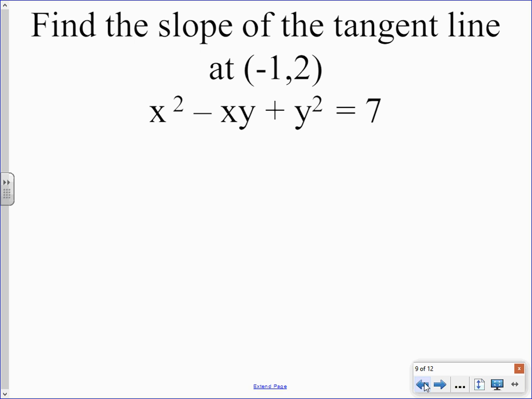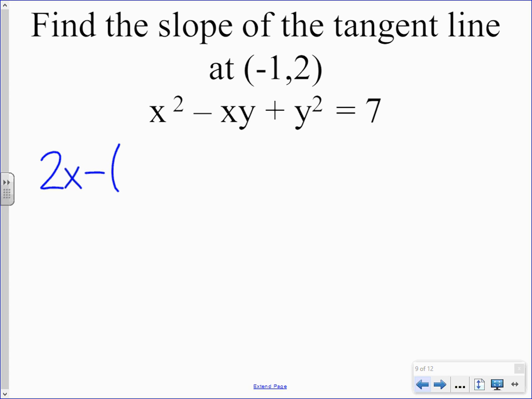Okay. So, Madison, derivative of x squared. 2x. Minus. How do we take the derivative of xy? Product rule. Now, please be careful. We are subtracting a product, so we need to subtract its derivative.